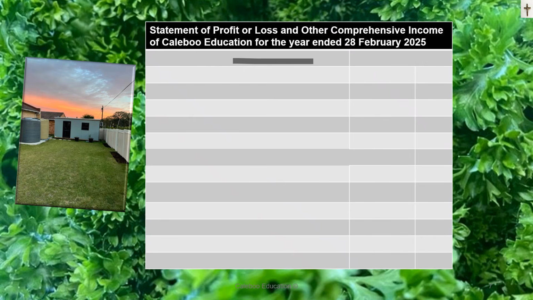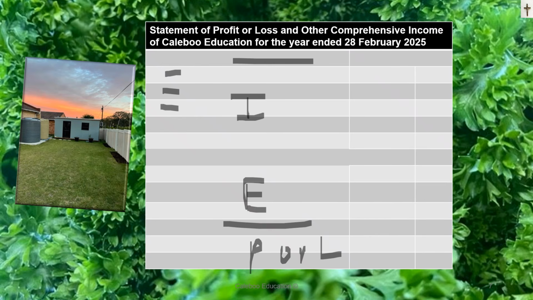So in this statement, we're going to have all the income and expense accounts, and the purpose of it is to calculate a profit or a loss. So just by knowing that, you can list how do you calculate your income, or how do you calculate your gross profit. You start with sales, cost of sales, you're going to get a gross profit.